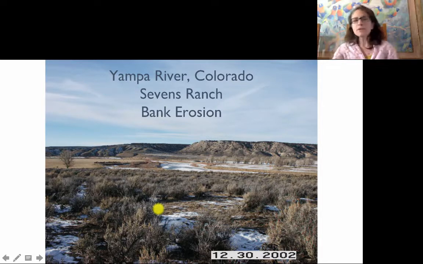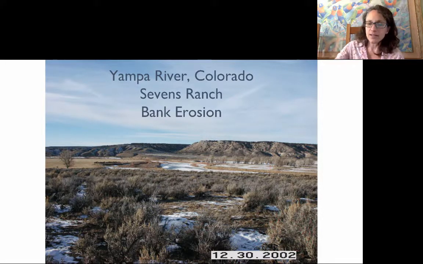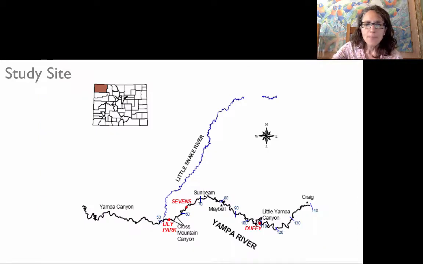Okay, another example, looking at the Yampa River at the Sevens Ranch. This is up in northwest Colorado, to give you an idea of where this is. This is Moffat County, up here in northwest Colorado. The Little Snake River flows in from Wyoming, carrying a bunch of sediment.